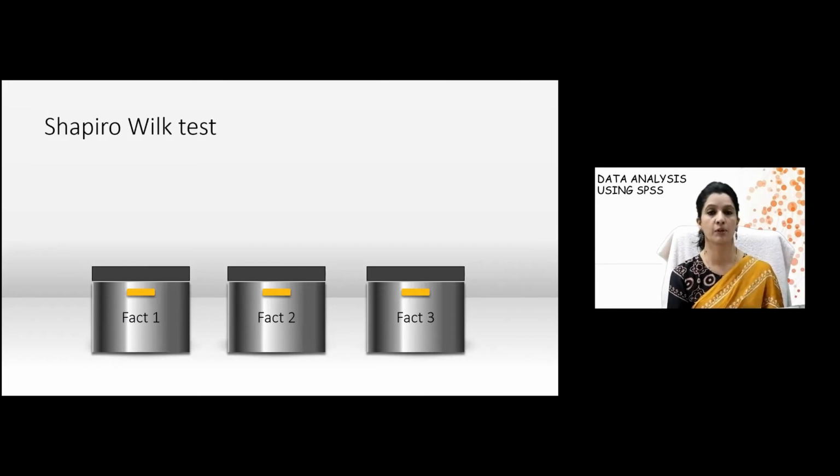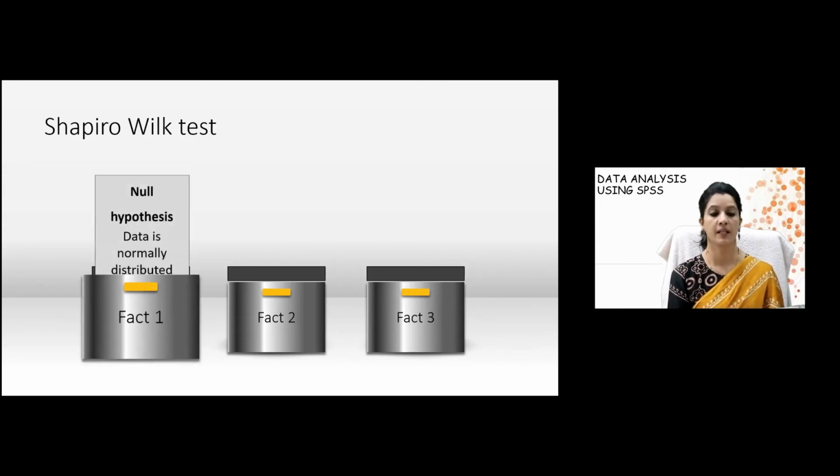Now coming to the Shapiro-Wilk test. It is the most commonly used test for assessment of normality, which is an objective way. In this, the null hypothesis is that the data is normally distributed.